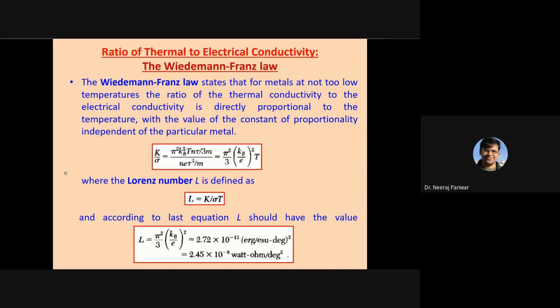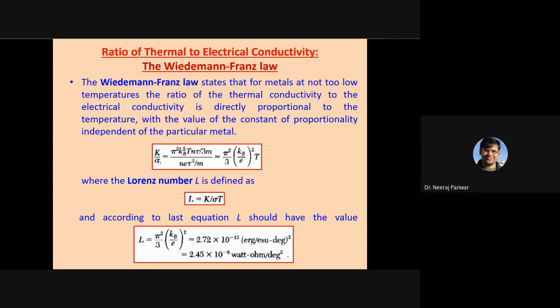Now, we have derived the expression for electrical conductivity and for thermal conductivity. Therefore, we can again define the Wiedemann-Franz law. It states that for metals at not too low temperatures, the ratio of the thermal conductivity to the electrical conductivity is directly proportional to temperature, with the value of the constant of proportionality independent of the particular metal.